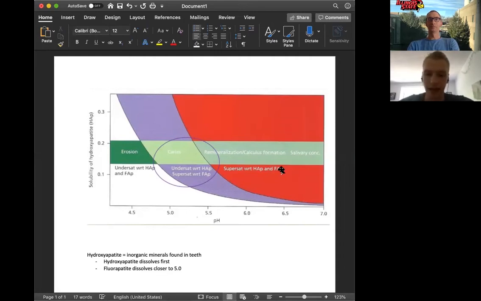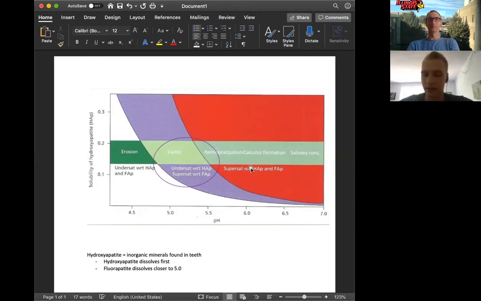As the pH in your mouth lowers, essentially you have bacteria in your mouth, and when you eat, you feed the bacteria and they produce acid as a part of their fermentation process.